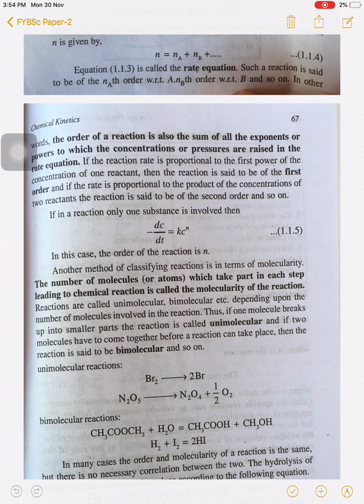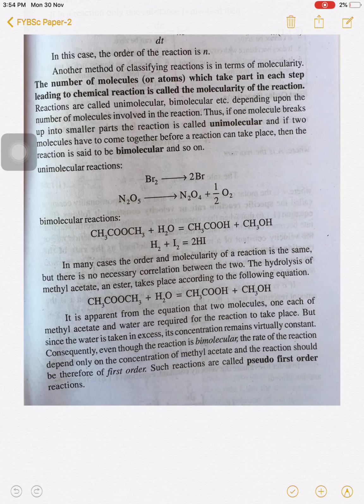Many times molecularity and order of reaction are the same, but in some cases, though two molecules are involved in the reaction, only the concentration of a single molecule changes. Such reactions are known as pseudo first order reactions, though there are two reactant molecules in the reaction.